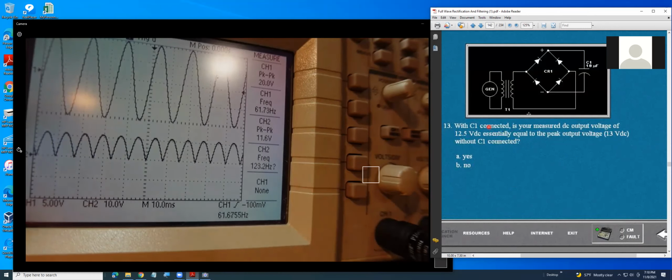If you do not connect the capacitor here, okay, then the output voltage, they say 12.5, is essentially equal to the peak voltage of 13 volts without C1 connected.